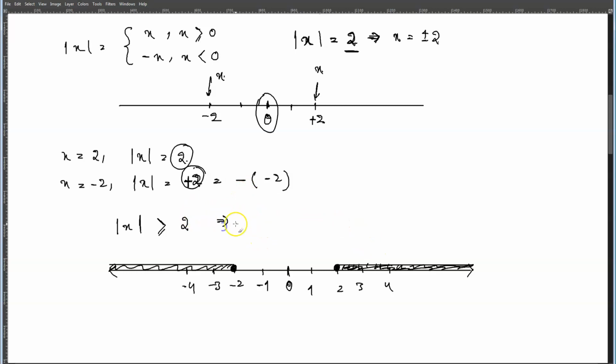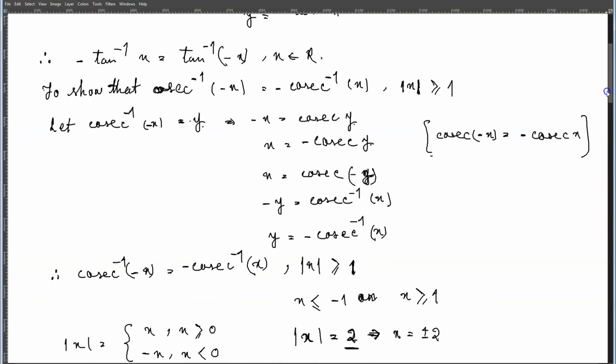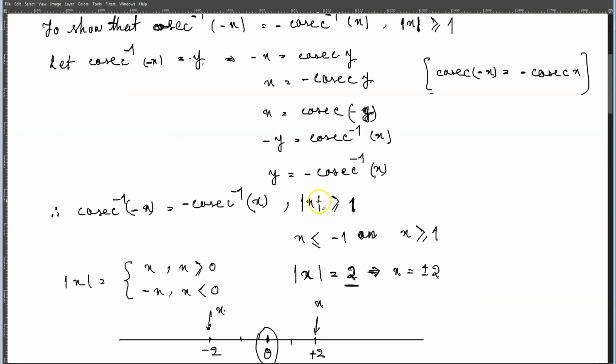Which means that in this case I can say that x is greater than or equal to 2, or x is less than or equal to negative 2, right? And by the same logic, over here, when I say that the absolute value of x is greater than or equal to 1, that means I can say that x is less than or equal to negative 1, or x is greater than or equal to 1. And that is your solution here. So that is this part.